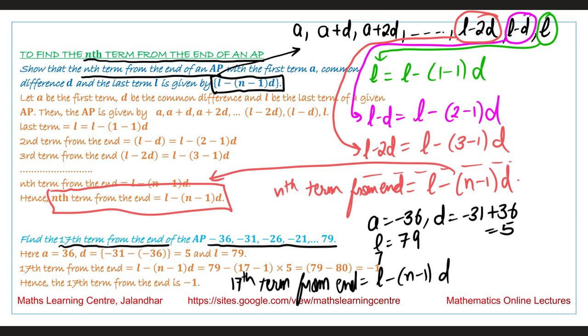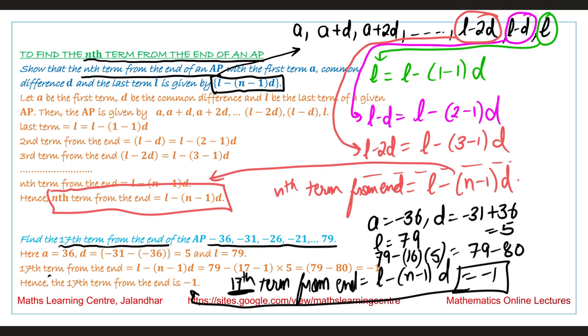So it is 79 minus 16 into d, and d is 5. The answer we obtain is 79 minus 80, which is equal to minus 1. So the 17th term from the end is minus 1.